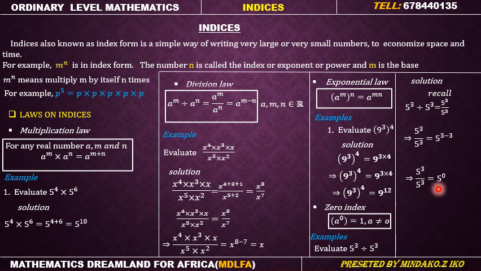So if I take 5 to the power 0, I will have 1. Now where is this one coming from? It's like saying 5 cubed divided by 5 cubed. If we cancel, we have one here and one there, so 1 divided by 1 is 1. That is why we have 1 equal to 5 to the power 0.